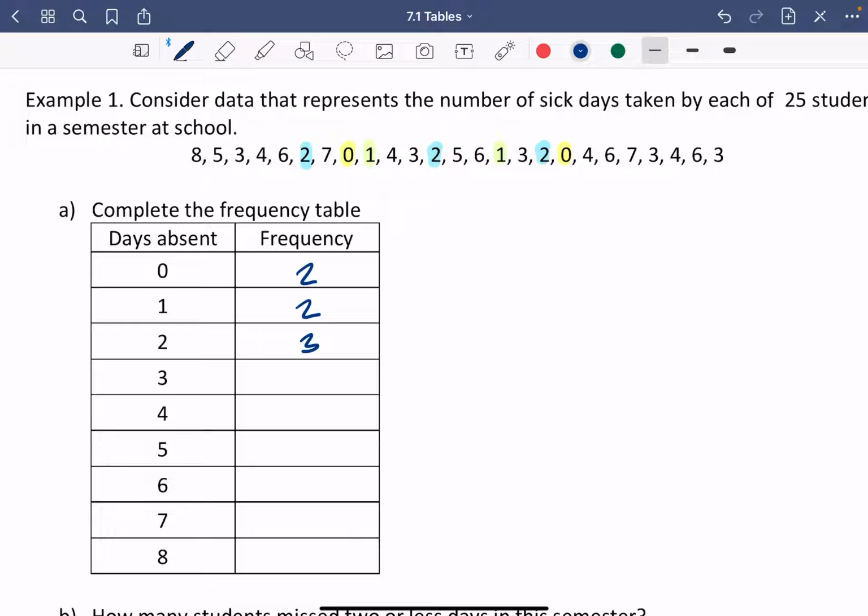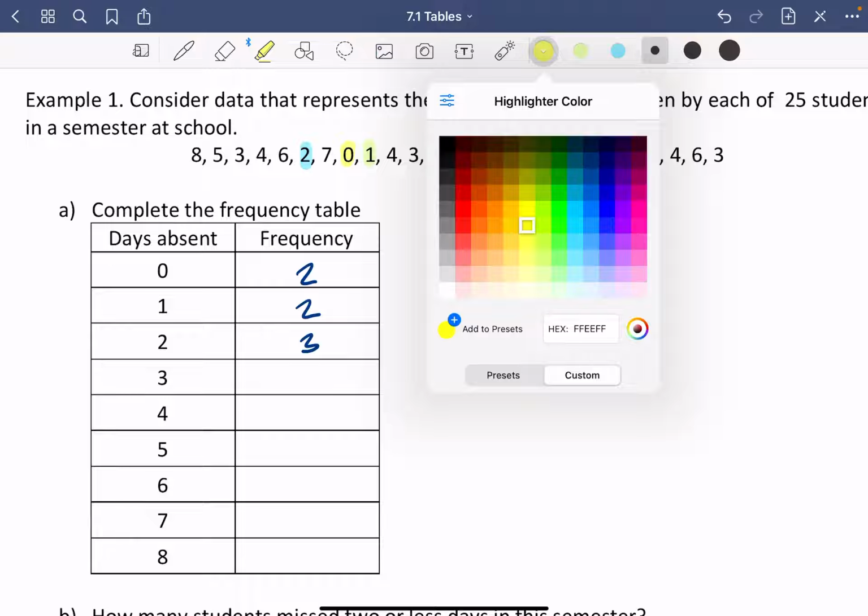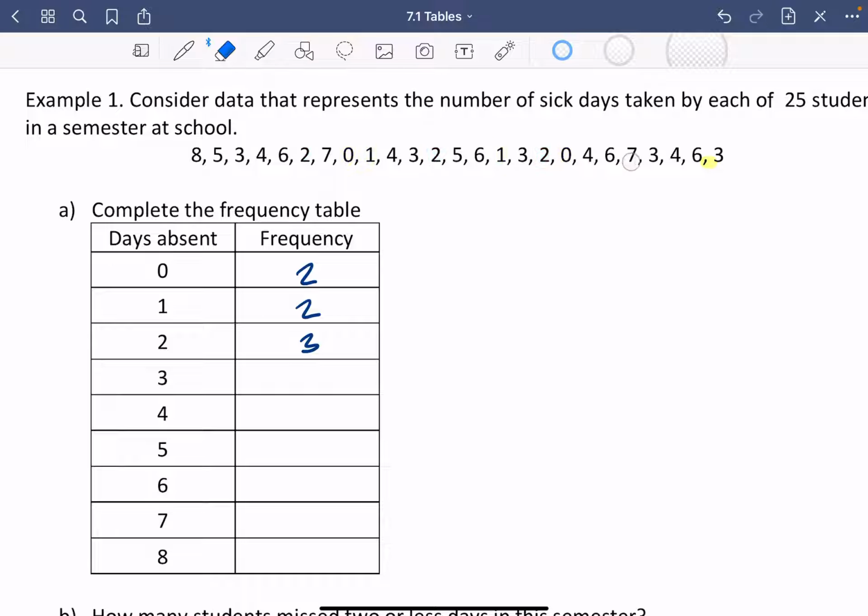And then we'll do 4 days. I'll erase those and then do 4 days. Well, actually, I'll use different colors. 4, so 1, 2, 3, and 4. So 4 students were absent for 4 days.